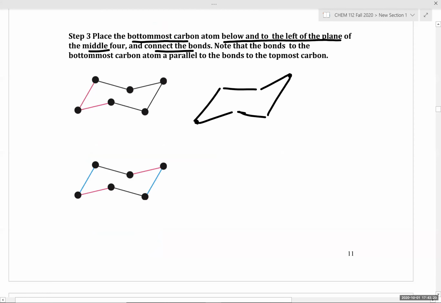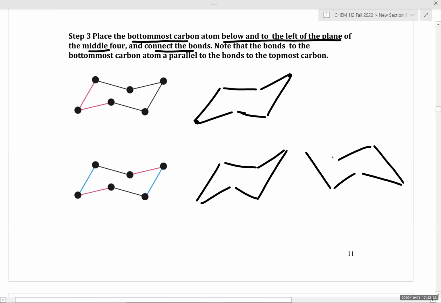You may want to practice not only the first chair conformation, but also the second chair conformation, which is simply a mirror image of the first. Practice it so that when you're taking your notes, you're not painstakingly focusing on drawing your chair conformation. You can just draw it quickly and efficiently.